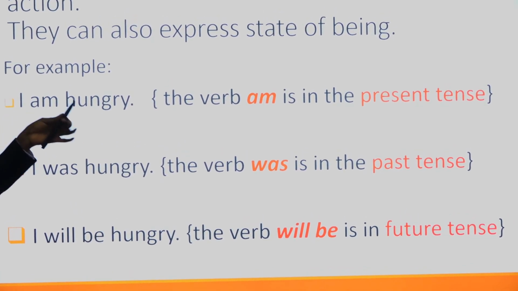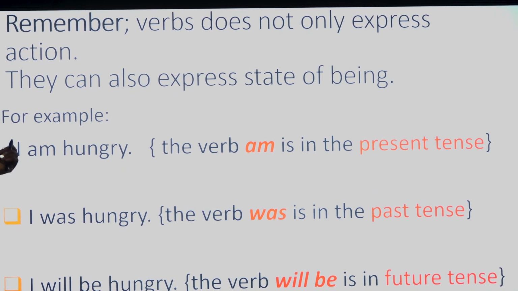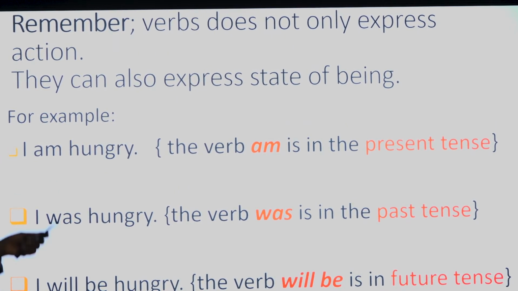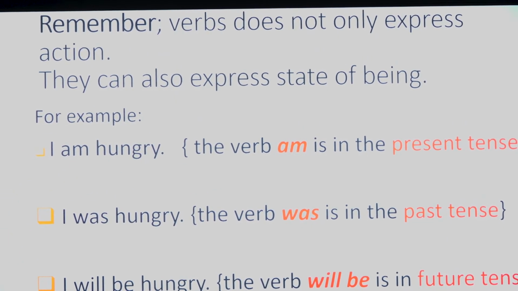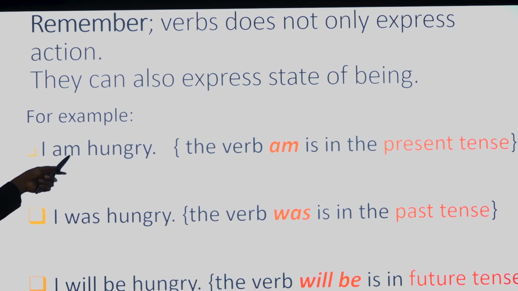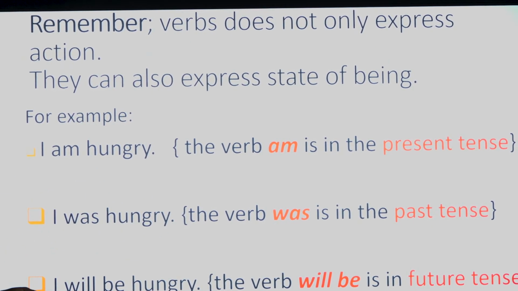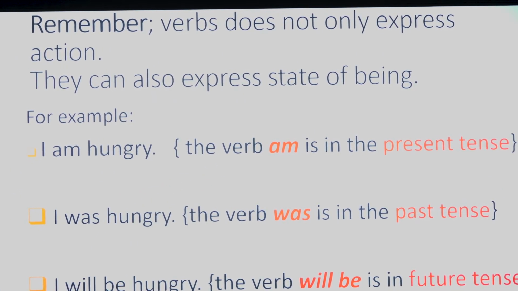Remember, a verb does not only express action. It's not only action that verbs tell us about. They can also express a state of being, that is, a feeling. Example: I am hungry. Can you see hungry? You can't, but you will feel it. The verb am is in present tense.